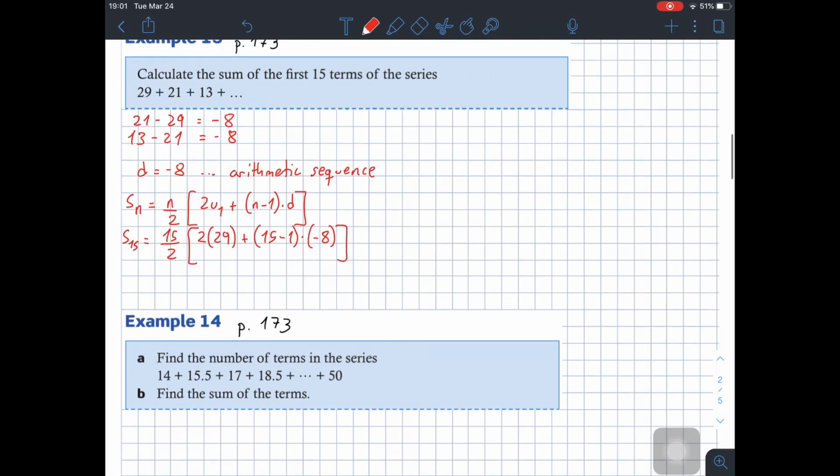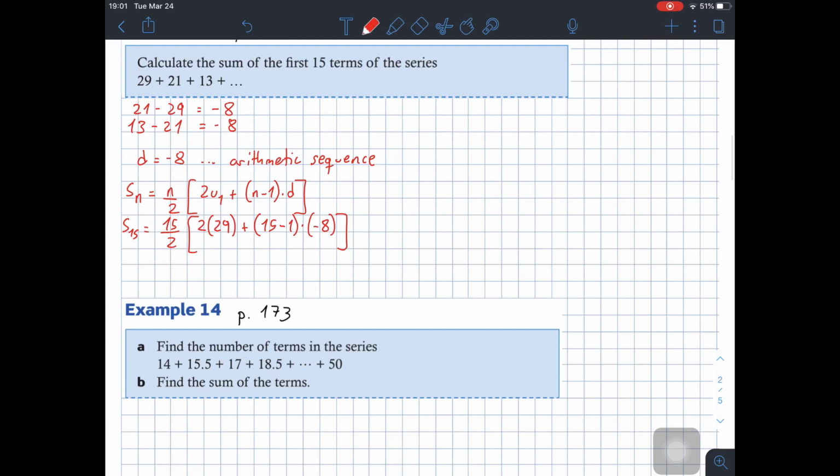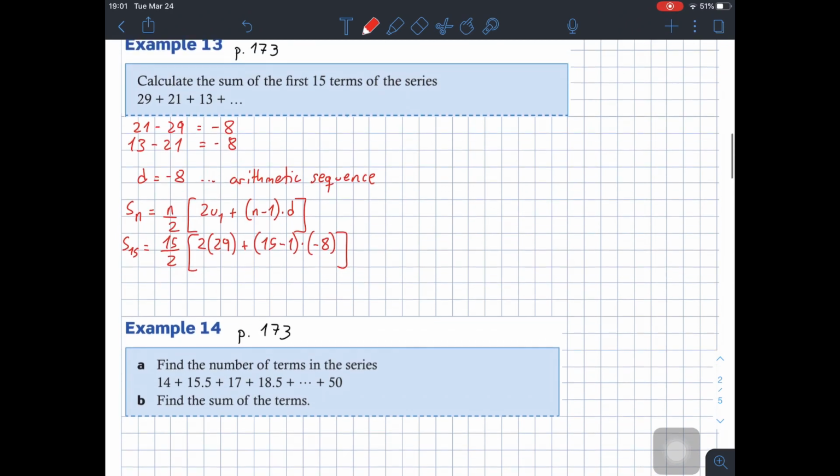Okay, so by plugging in these numbers into a calculator or by solving it manually, let's do this. This would be 15 divided by 2. We could leave it like that. 2 times 29, that's 58 plus 14 times negative 8. 14 times negative 8 gives us negative 112.